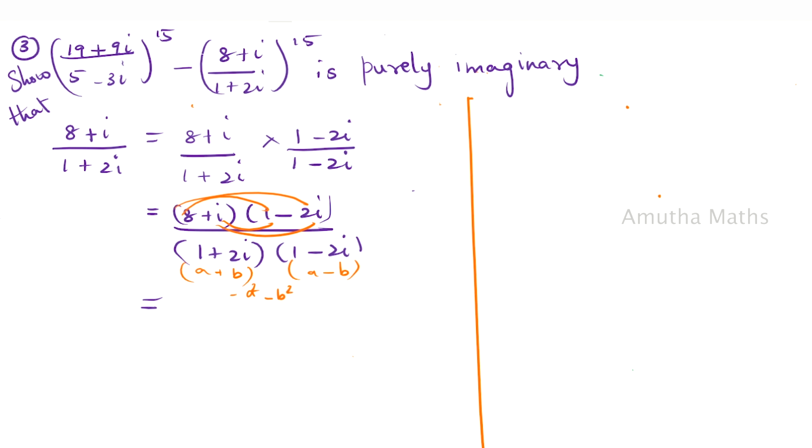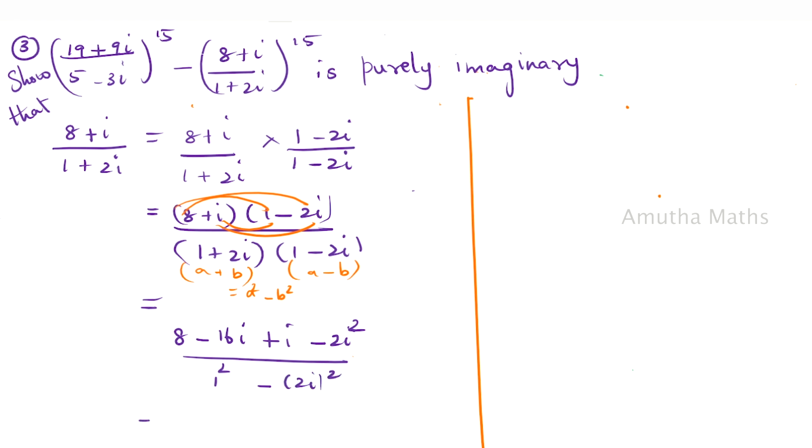Is it not? Right. So what will you get? 8 minus 16i plus i minus 2i square divided by 1 square minus of 2i the whole square.